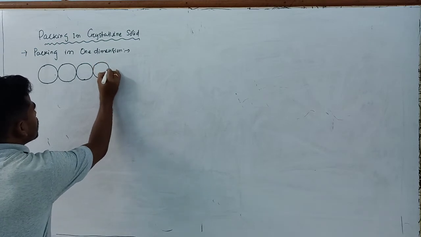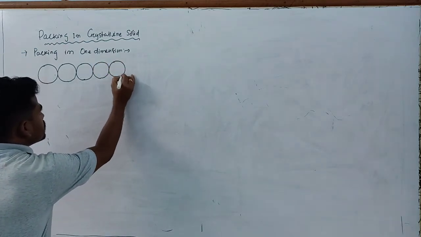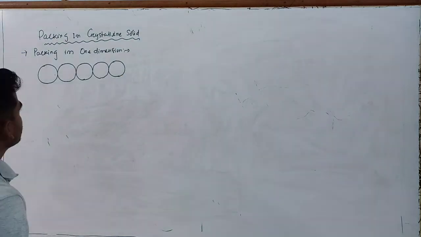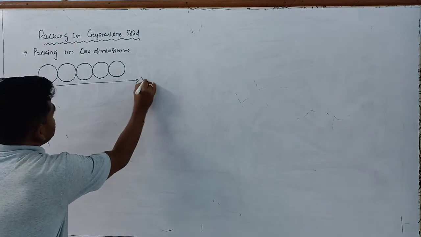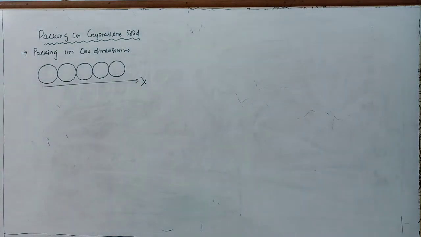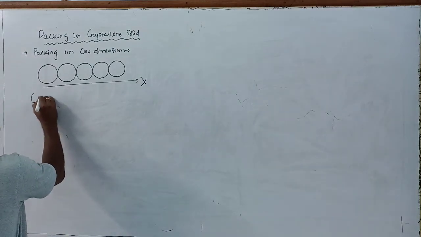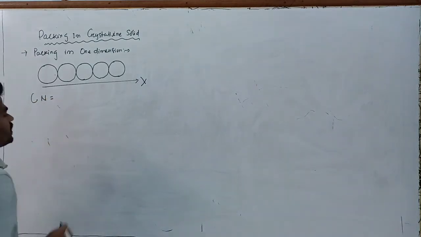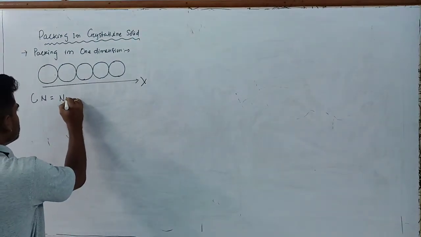So a little bit of imagination is needed in this topic. We just see this is one dimensional close packing along the x axis, let's say I am considering. Is that clear? So here in this one dimensional packing, if you have to calculate the coordination number, Cn, I am representing it shortly as Cn. Coordination number refers to the number of touching spheres.